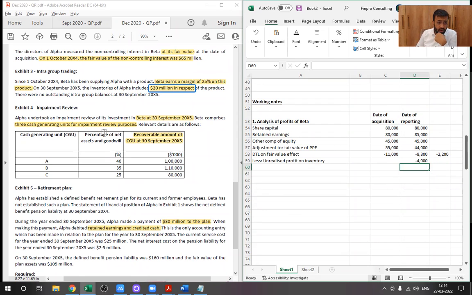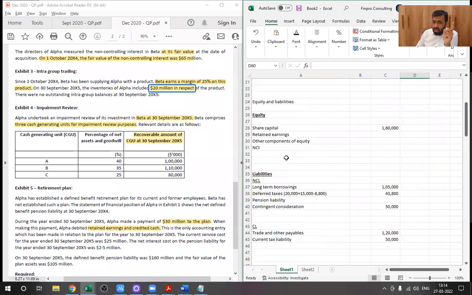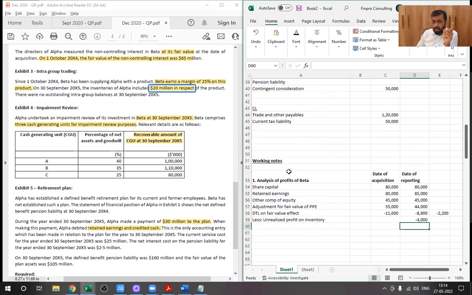Now exhibit 4. Alpha undertook an impairment review. Now impairment review and retirement benefit plan are the only two adjustments which have nothing to do with acquisition date accounting, or the books of Beta.